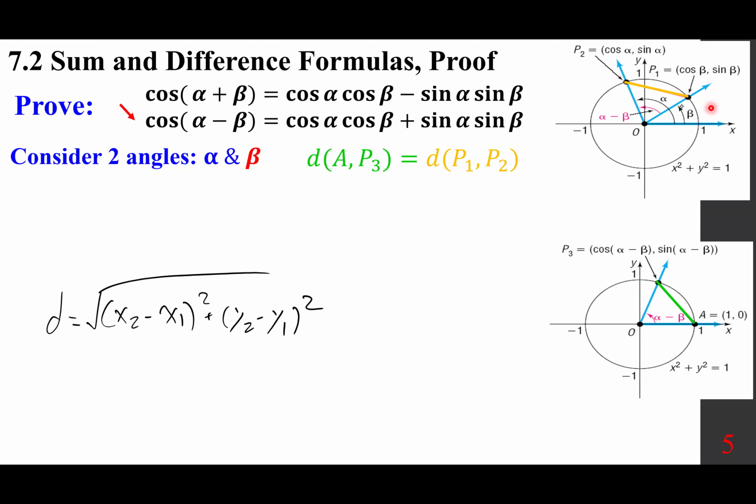So in this case, it would be cosine alpha minus cosine beta quantity squared plus sine alpha minus sine beta quantity squared under the radical. That would be the distance for the yellow piece, P sub 1, P sub 2. And for the green one, in the same manner, cosine of alpha minus beta minus 1 quantity squared plus sine of alpha minus beta minus 0 quantity squared under the radical.